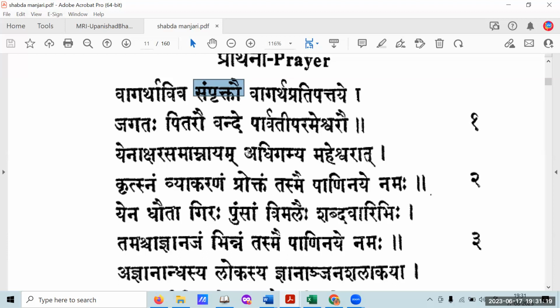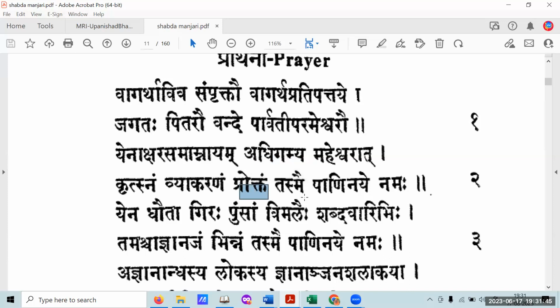Now, adhigamya. What lakara, what pratyaya is here? Adhigamya, lyap, having understood. Proktam. Vyakaranam proktam. What is proktam? Pra plus uktam. Uktam means what? Vach dhatu.